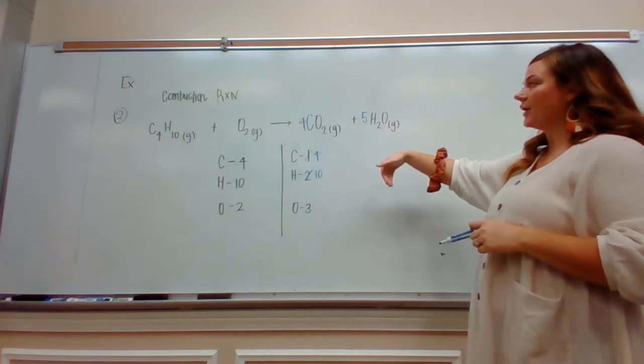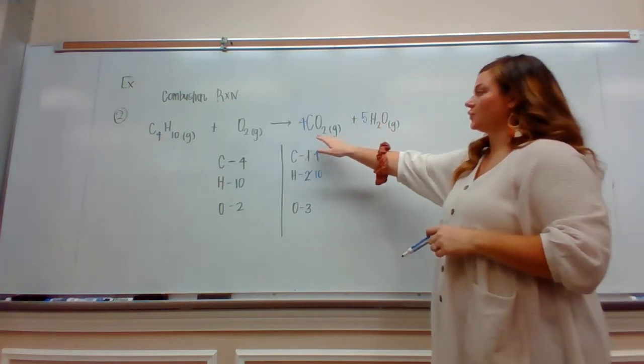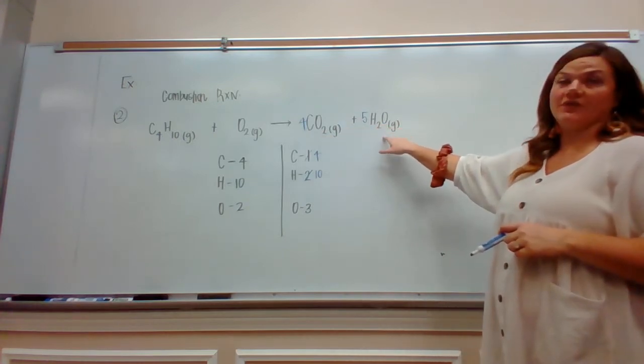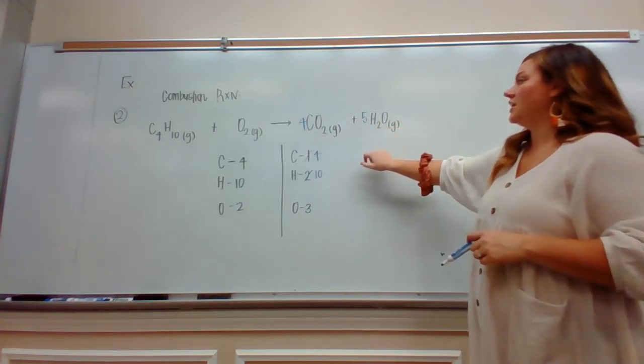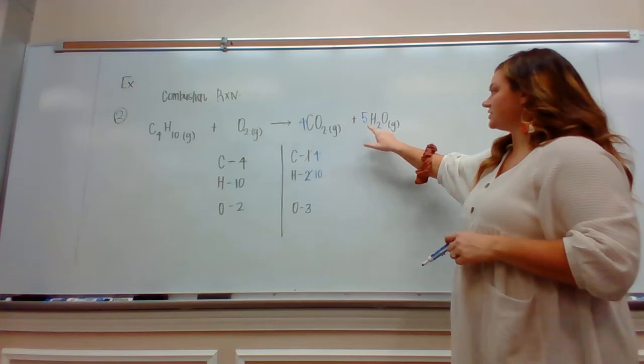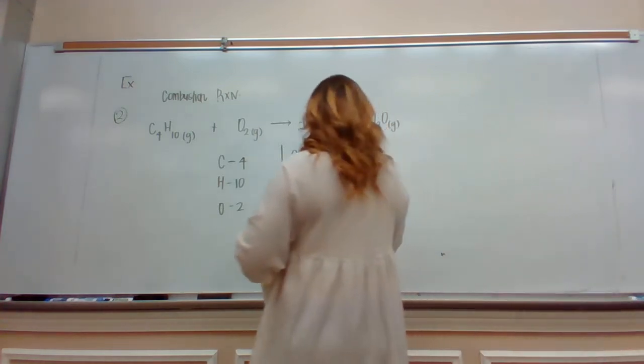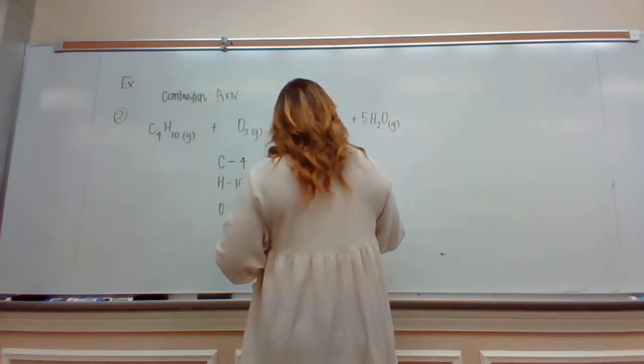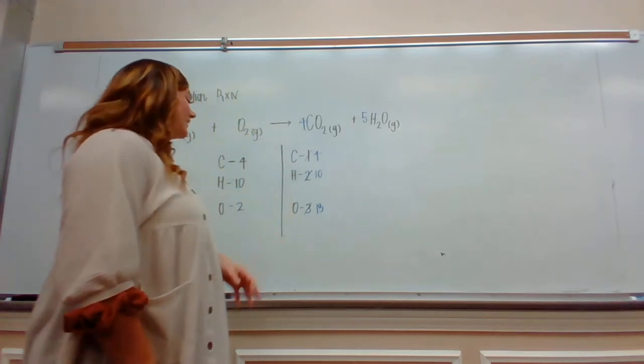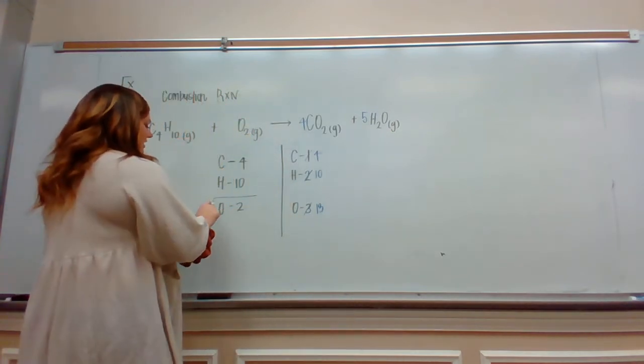All right, now let's go back. Let's recount our oxygens on this side of the equation. I have 8 plus 5. What is that? Yep. All right, so everything is balanced except oxygen.